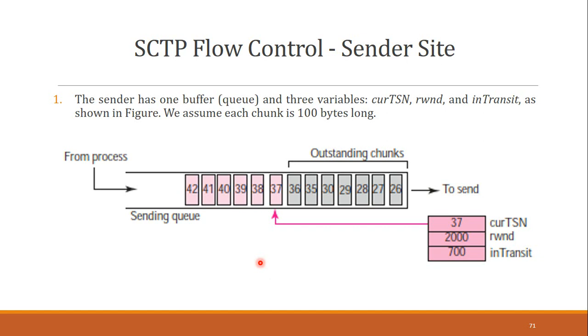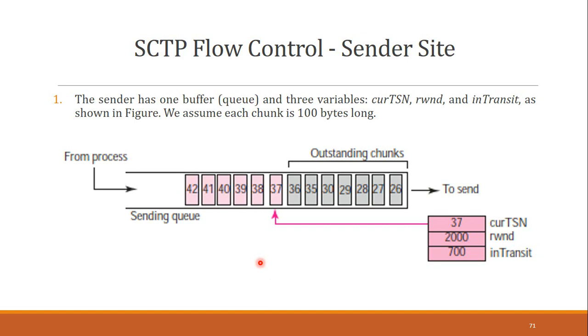The first variable, curTSN, refers to the next chunk to be sent. All chunks in the queue with a TSN less than this value have been sent but not acknowledged. They are outstanding. The second variable, the receiving window, holds the last value advertised by the receiver in bytes. The third variable, inTransit, holds the number of bytes in transit, bytes sent but not yet acknowledged.